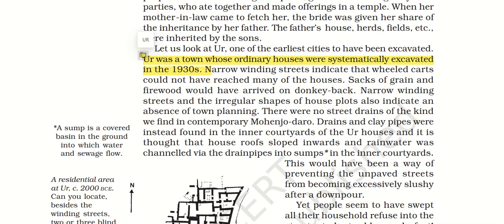A little information about Ur and how it was a planned town where houses were built in a particular way. So when did this excavation take place? In the 1930s.